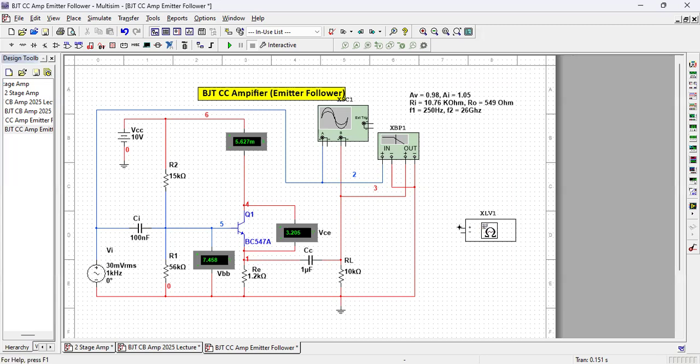The positive end you connect here and the negative end you connect to the common, right? You switch on and do the measurement at 1 kilohertz: 1000 start frequency, and end frequency is also 1000. Run it.